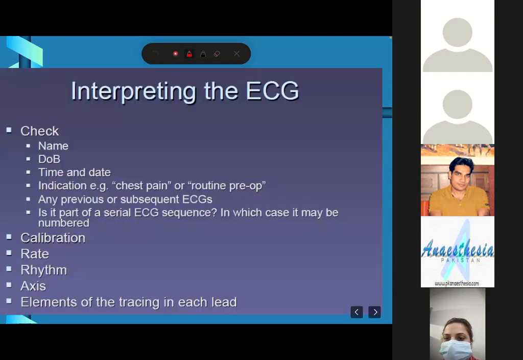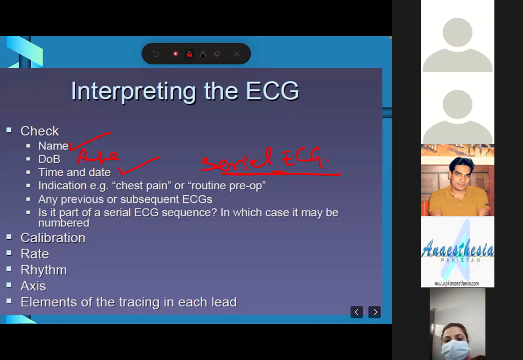Interpreting the ECGs: first of all, we should document the name of the person, age, time, and date. This is important to relate the events on the ECG, at what time these findings are present, and to correlate with serial ECGs after an interval, so that we will know the pattern of the changing ECG.